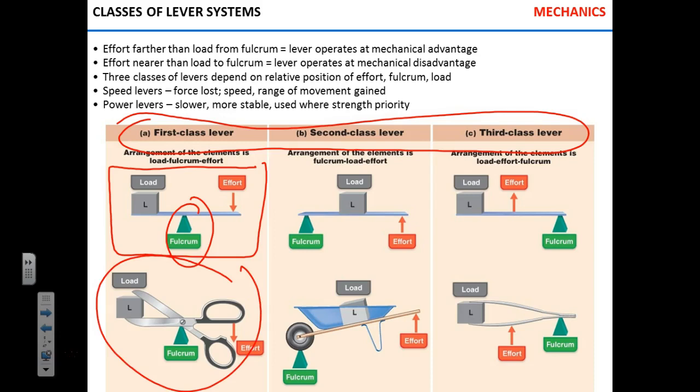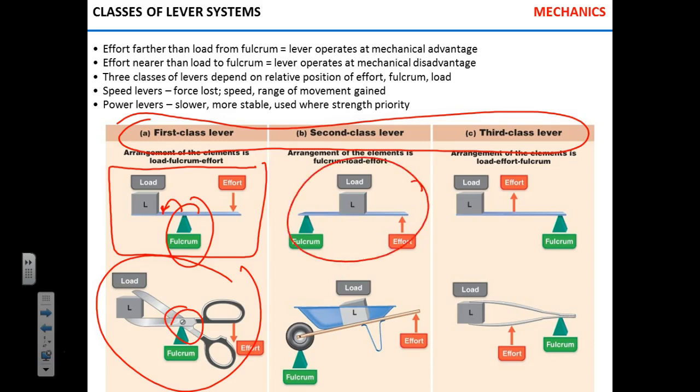Now, if you compare scissors that used to cut the nails and scissors that used to cut the paper, what's the difference? To the load, yep. They're closer because nails are much tougher than the paper. So you need to produce the force. Does that make sense? And with the paper scissors, the fulcrum is farther from the load.